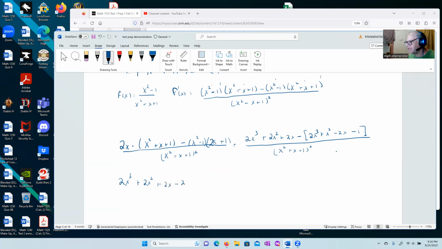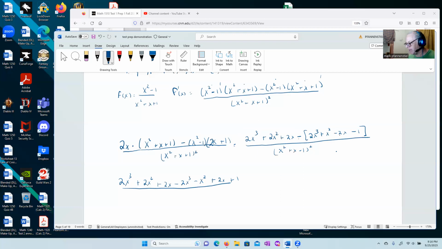And then we have minus 2x cubed. We have a minus x squared. Okay, minus and negative is plus. We have a plus 2x here. Okay, that's this minus and this plus 2x. And we have a plus 1, and this is all over your bottom squared.